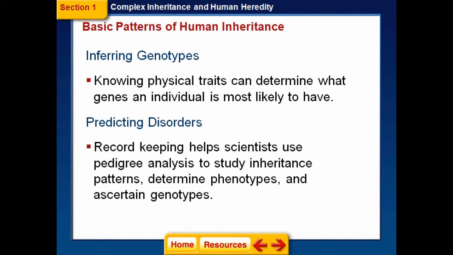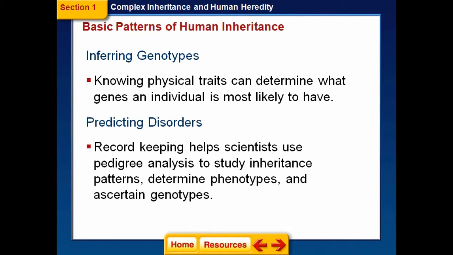Okay, now knowing a physical trait you can infer what the genotype is or what it's most likely to be. If it's a dominant trait, then they have to either be homozygous dominant or heterozygous. If they have the recessive trait, then they must have both recessive genes.